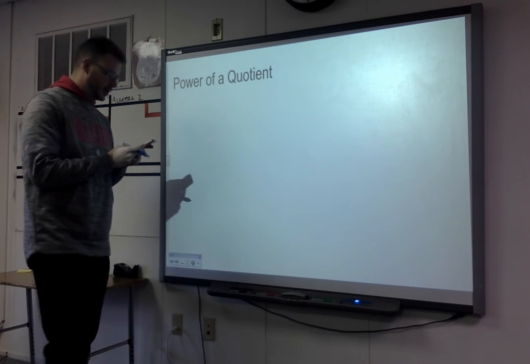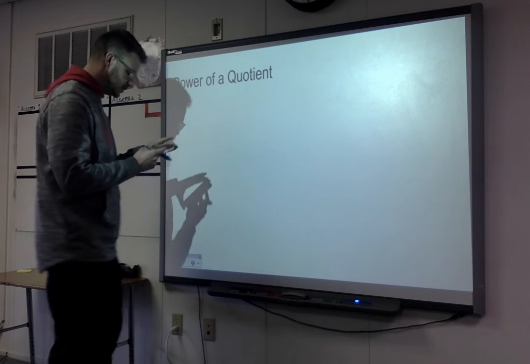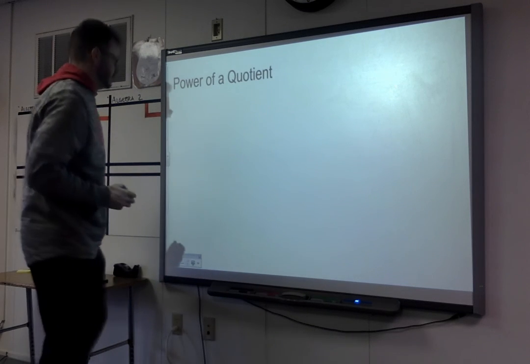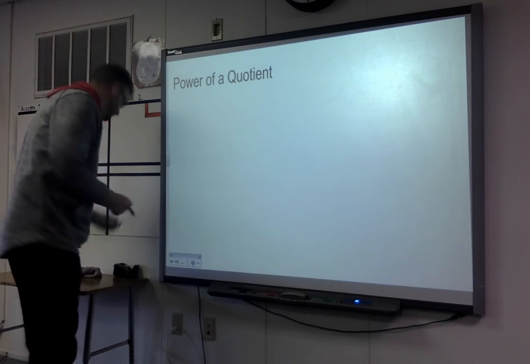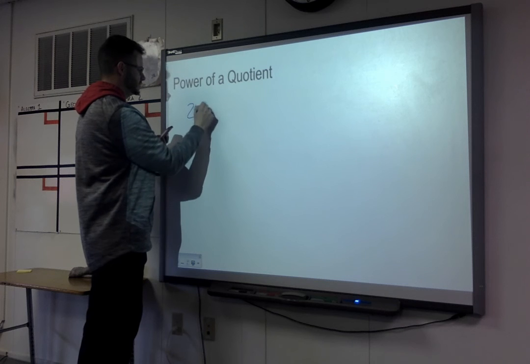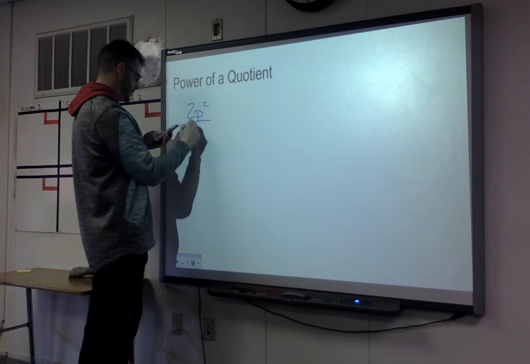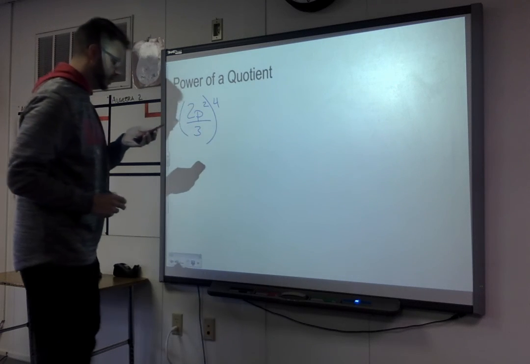So then the power of a quotient. So what that means here is if you have a division problem raised to a power. So in this case, we have 2p squared over 3 raised to the fourth power.